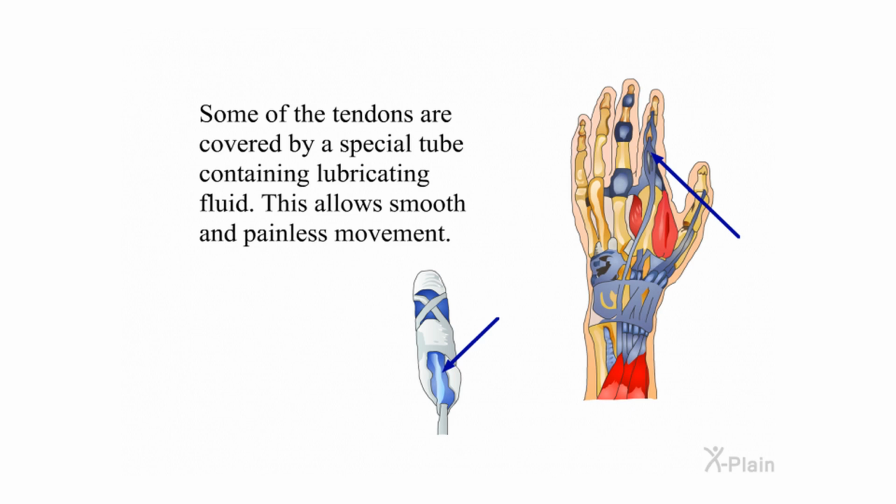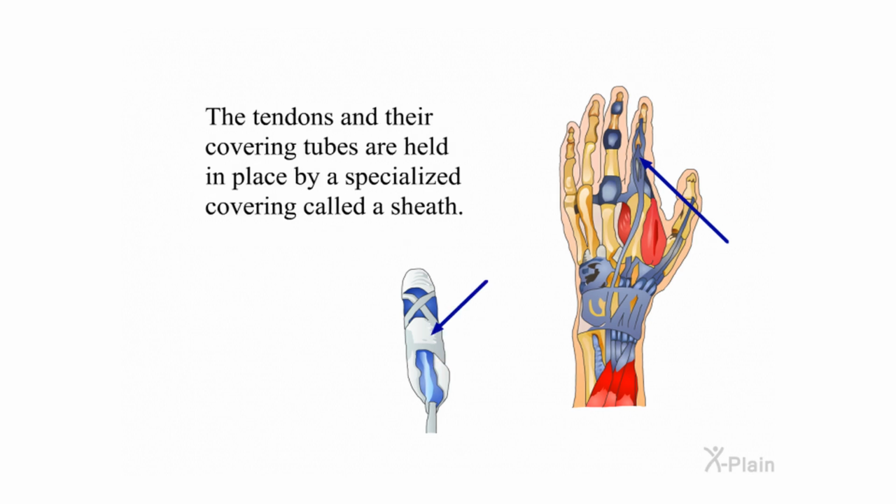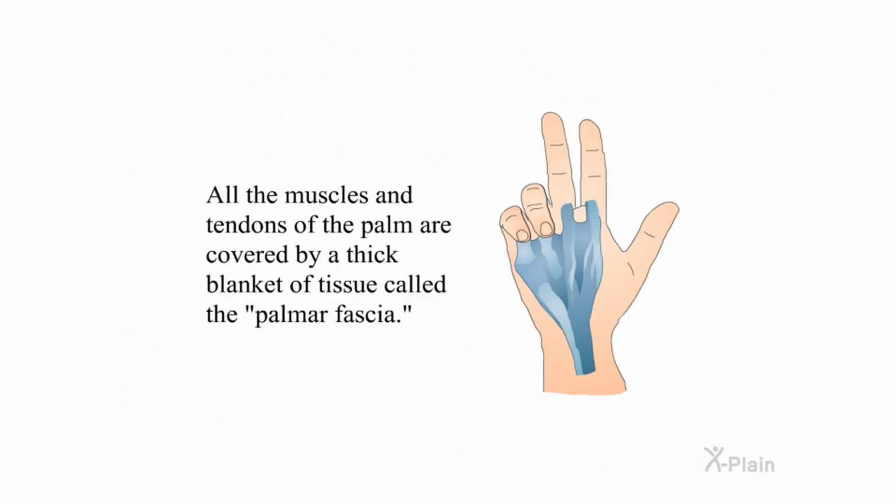Some of the tendons are covered by a special tube containing lubricating fluid. This allows smooth and painless movement. The tendons and their covering tubes are held in place by a specialized covering called a sheath. All the muscles and tendons of the palm are covered by a thick blanket of tissue called the palmar fascia.